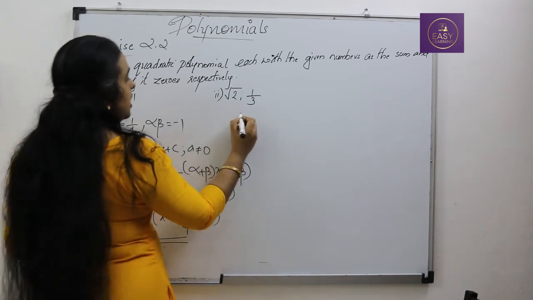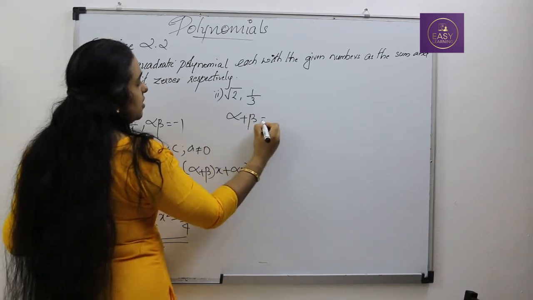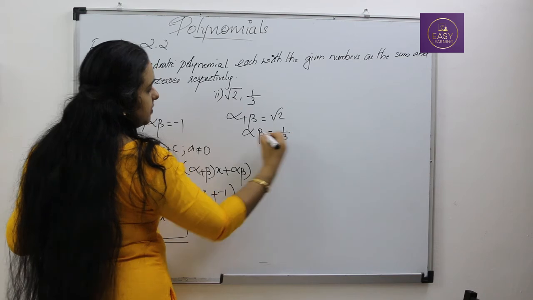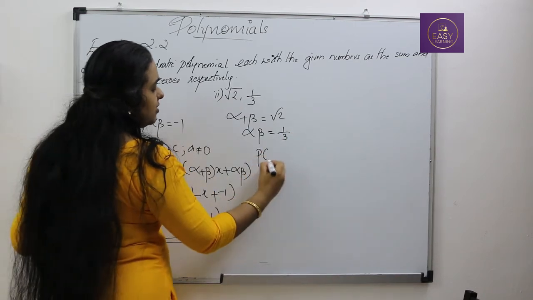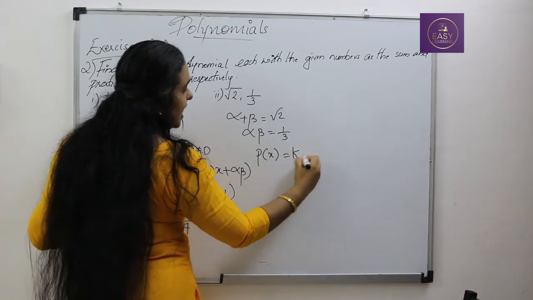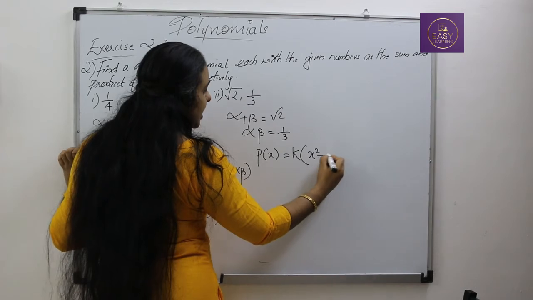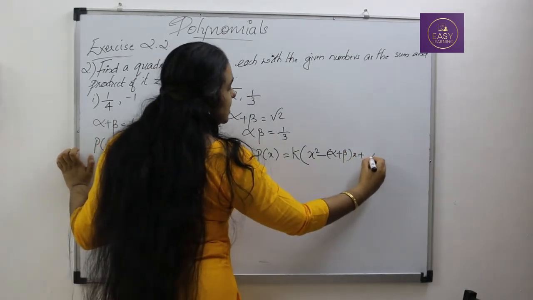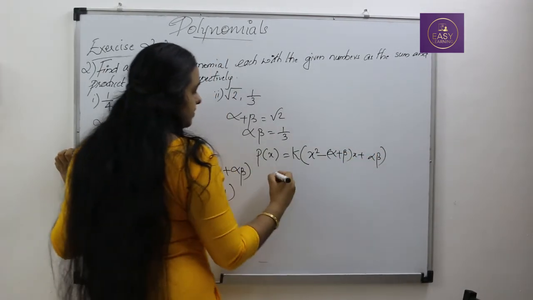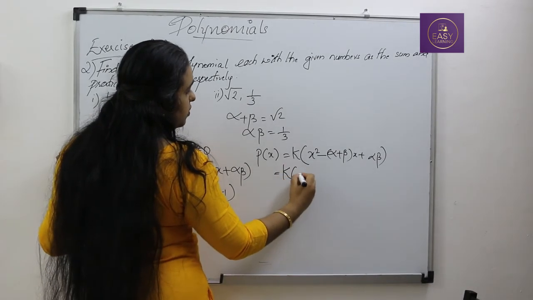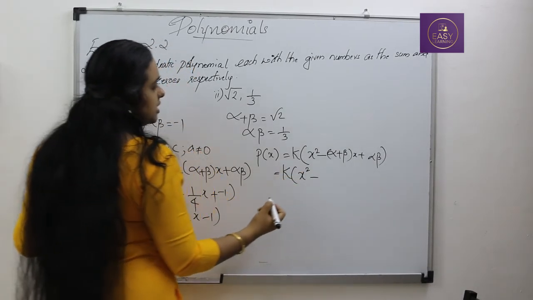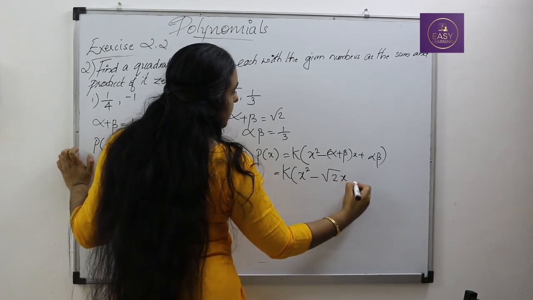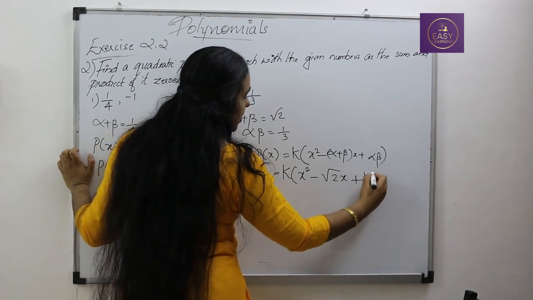Second question is alpha plus beta equals root 2 and alpha beta equals 1 by 3. Then p of x will be what? P of x equals k into x square minus (alpha plus beta) x plus alpha beta, which is k into x square minus root 2 x plus 1 by 3.